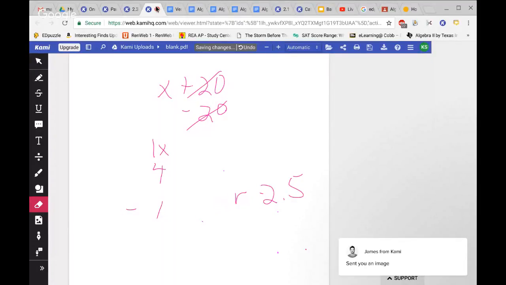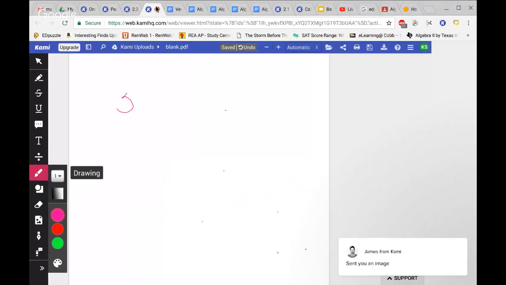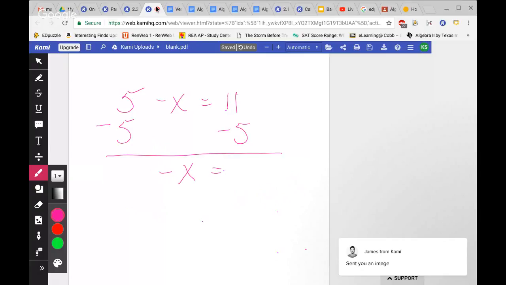Okay, hold on. So the question is 5 minus x equals 11. Is that correct? Mm-hmm. Now I know why it's a two-step equation. 5 minus x equals 11. So I'm going to subtract 5 from both sides. Minus x equals 6. And to get rid of the negative x, great question, Mary, you divide both sides by -1.